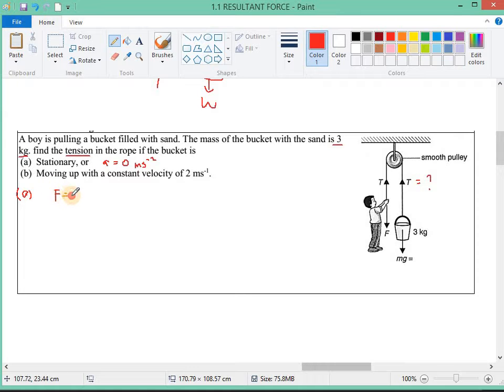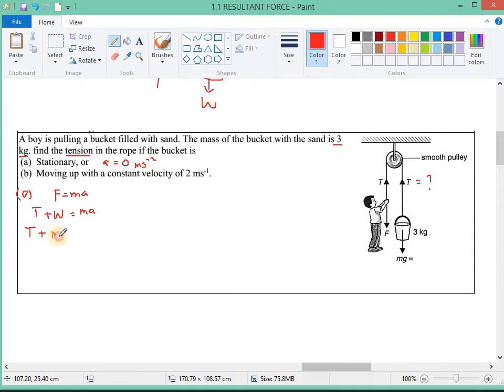F equals ma. So this force gives this mass this acceleration. This force is the resultant force. So the resultant force will be tension plus the weight, equals mass times acceleration. Tension is the one that we are looking for.